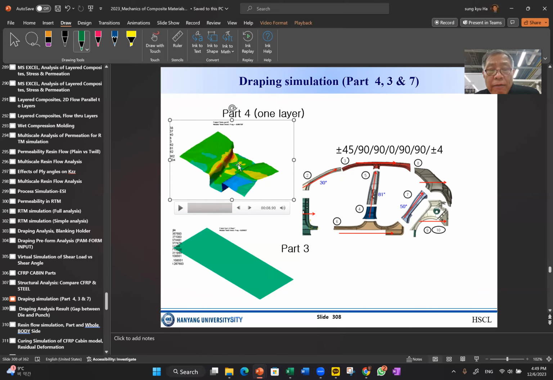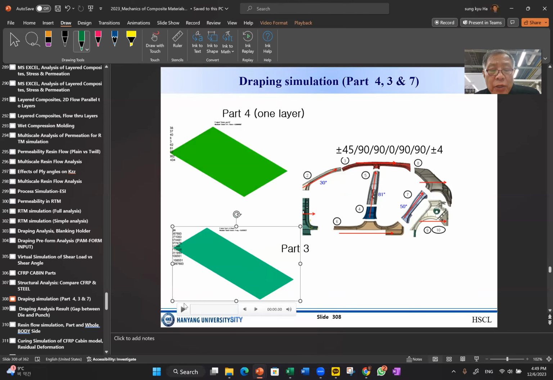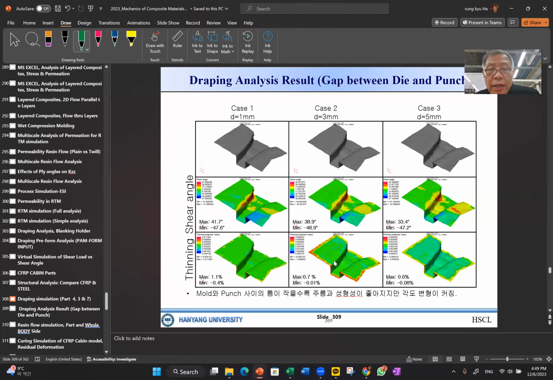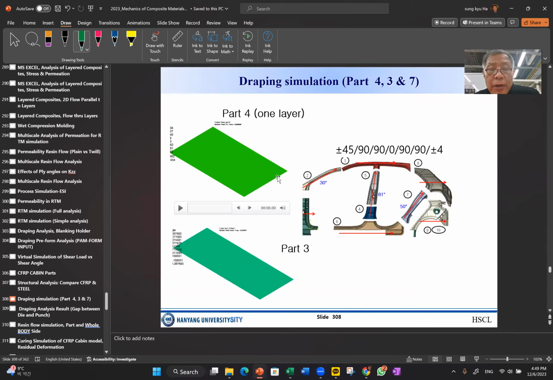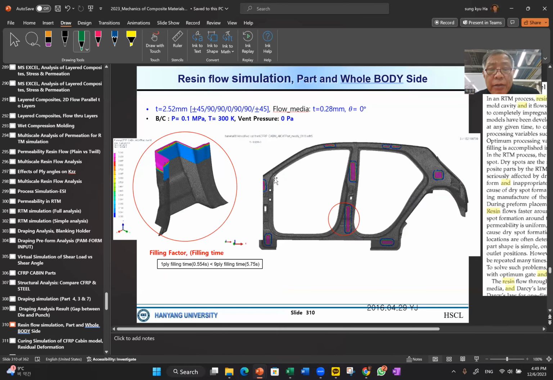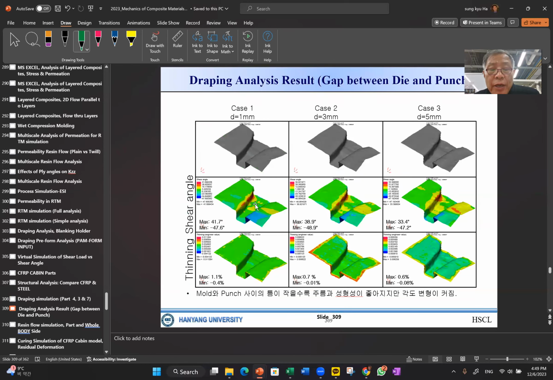It is very difficult to simulate or understand the final layups without draping. So draping analysis will give us the final shape or final angles. Each of the 10 parts can have this draping simulation.